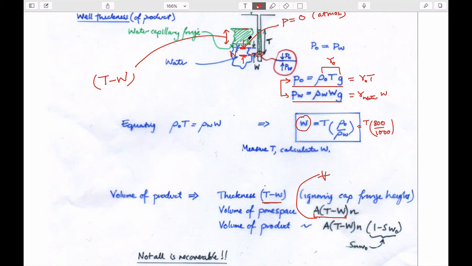And so if we want to know how much fluid is in here, then it's going to be the total volume of the pore space, which is this, V pores, multiplied by the saturation of the NAPL.